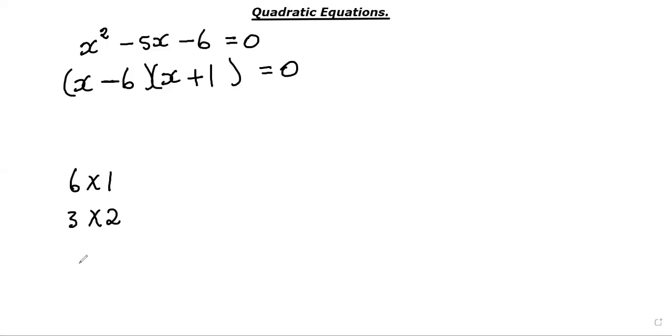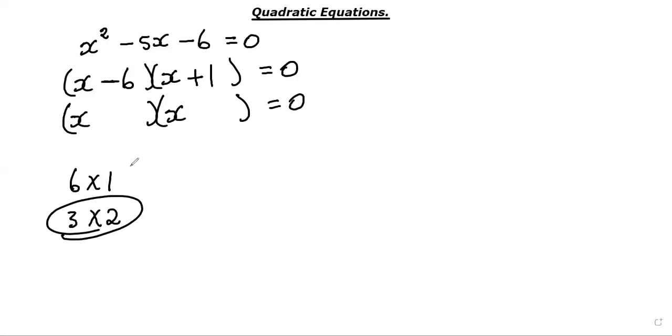However, if you say 3 plus 2, do you see you still get 5? So I want to show you why this one is going to lead you to failure. So you'll still say x and x like that, and then you say 3 and 2 there. In order for you to get -5, both of your factors have to be negative.